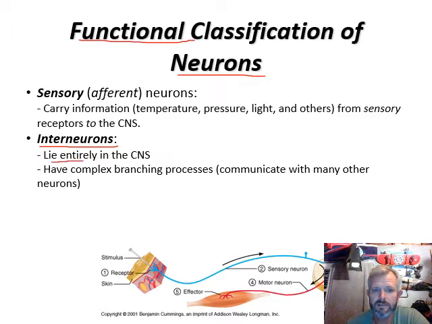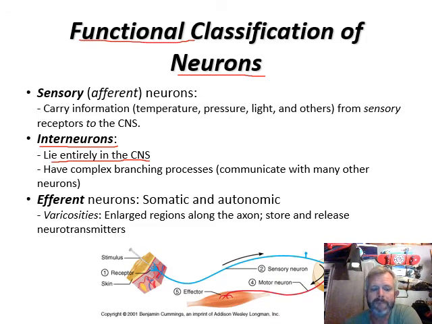They are entirely in the central nervous system, so they don't form parts of the nerves. The axons of the afferent and efferent neurons will form the nerves. The interneurons are in the brain and the spinal cord. They are integrating neurons, and they usually form complex branching that allows lots of integration between these neurons.